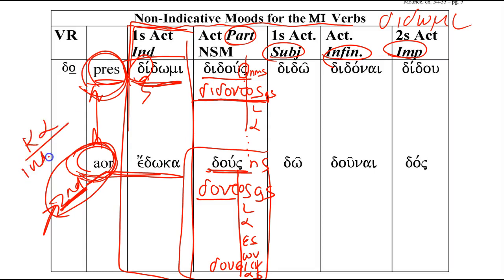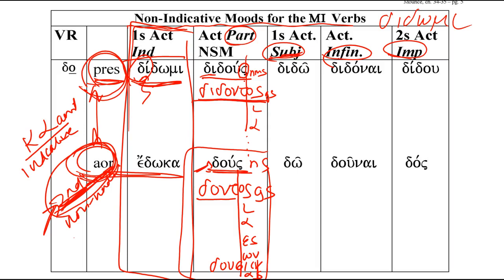The kappa aorist is used for the indicative moods, but for non-indicative moods, it's the second aorist form that's used, which means that it looks just like the present suffix endings, except the stem is different. With the present stem, you have the iota reduplication. With the second aorist stem, you don't have it, and those are the forms for the participle.